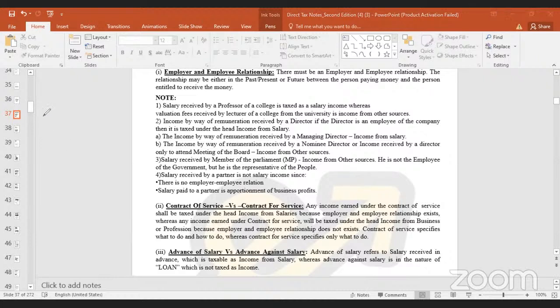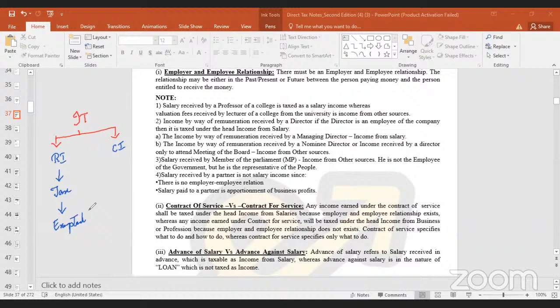Remember, my dear friends, in income tax, you have to segregate the income between two aspects. One is a revenue item, the next is a capital item. Normally, all the revenue items are chargeable to tax unless specifically they are exempted.